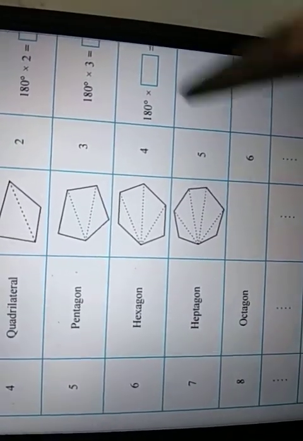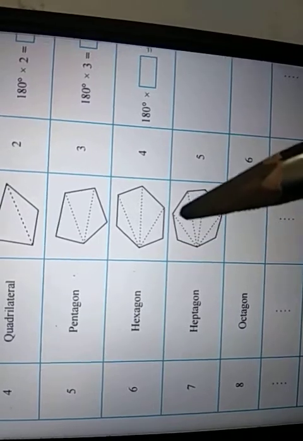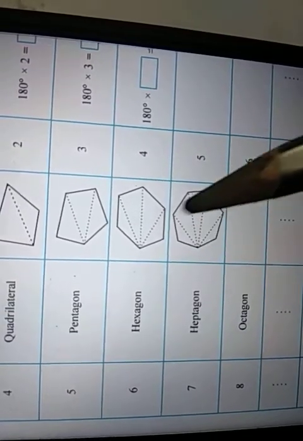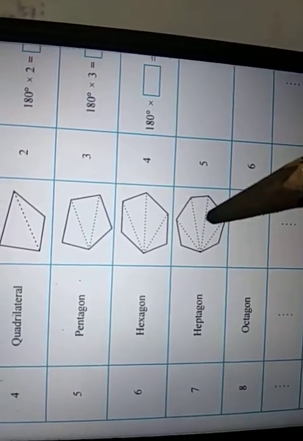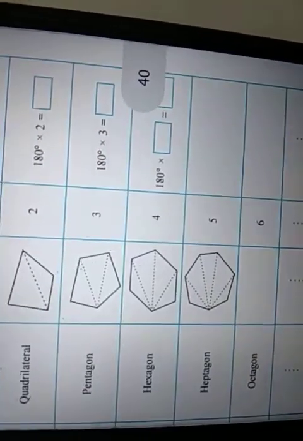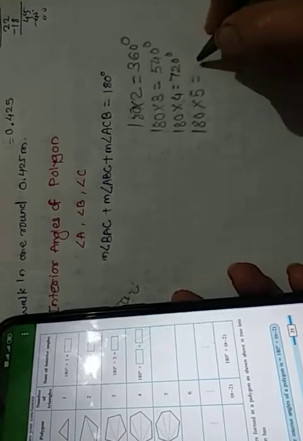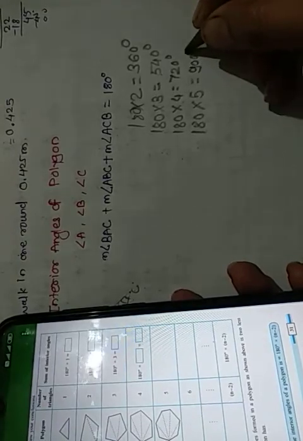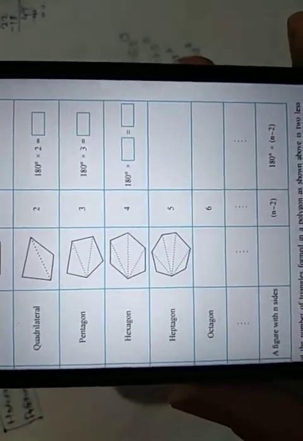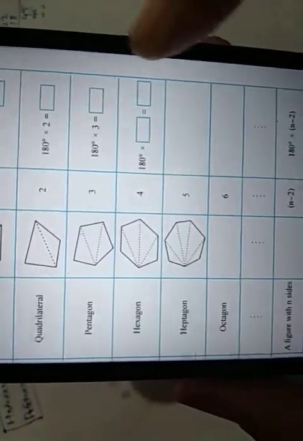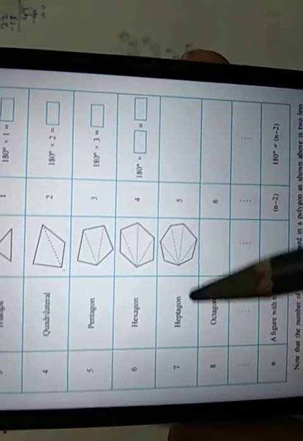In the heptagon there are 5 triangles. It means the sum of interior angles is 180 multiplied by 5, that is 900 degrees. So the sum of the interior angles of a heptagon is 900 degrees.